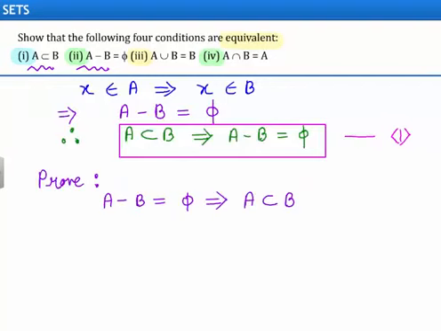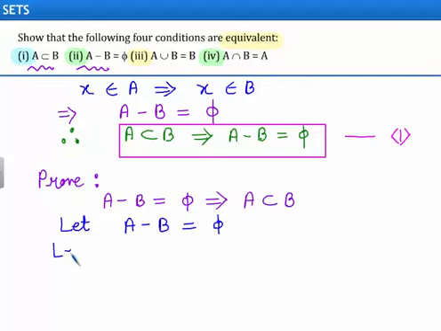Now we have to prove that A minus B is equal to the empty set implies that A is a subset of B. Let us assume A minus B is an empty set. And we will prove that this implies A is a subset of B by contradiction.